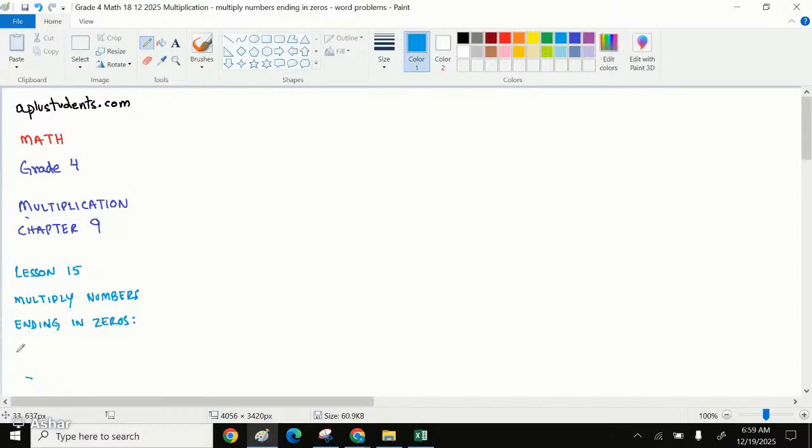And today we will be doing word problems. We will look at the possible questions. So once we are in this, let's start off with this.